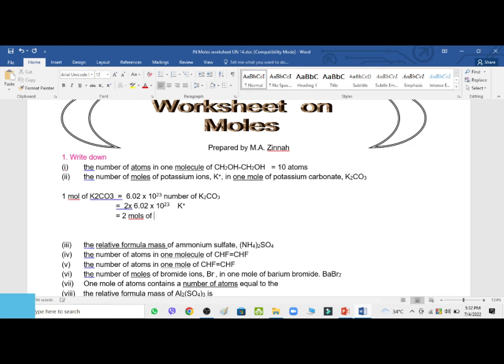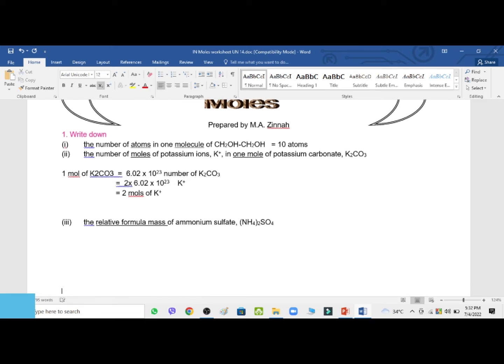So 2 moles of potassium ions is the answer to the question. In 1 mole of potassium carbonate, you have 2 moles of potassium ion alone. Good. Now the next question, the relative formula mass of ammonium sulfate.